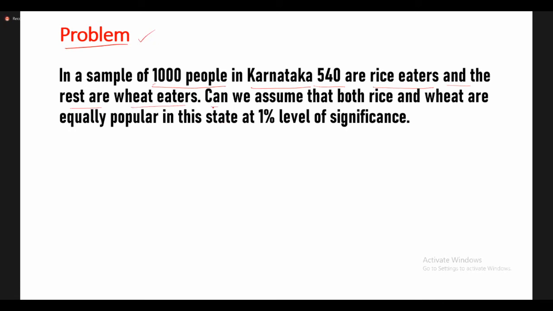Can we assume that both rice and wheat eaters are equally popular in this state at 5% level of significance?